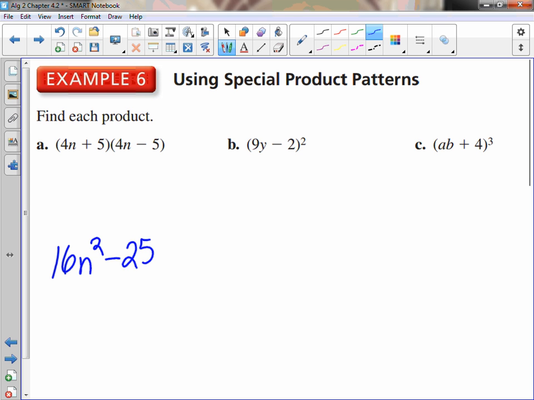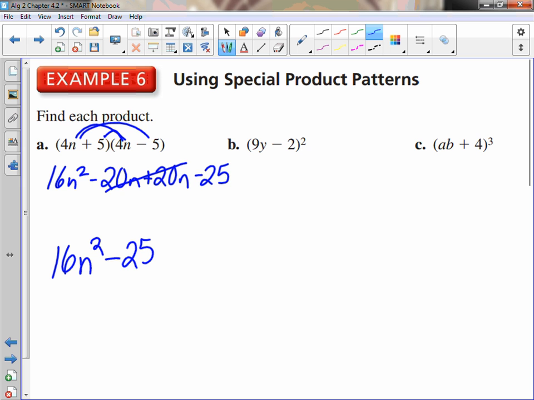Or if I multiply it out, 4n times 4n would be 16n squared. 4n times negative 5 would be negative 20n, yes? 5 times 4n would be plus 20n, and 5 times negative 5 would be negative 25, yes?